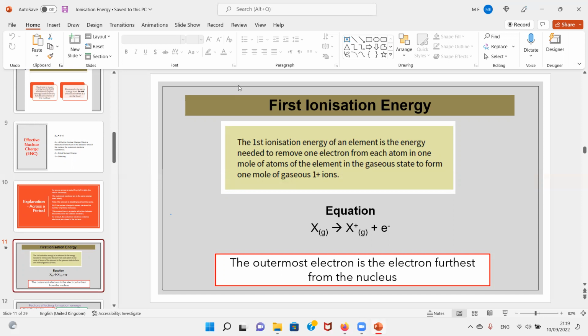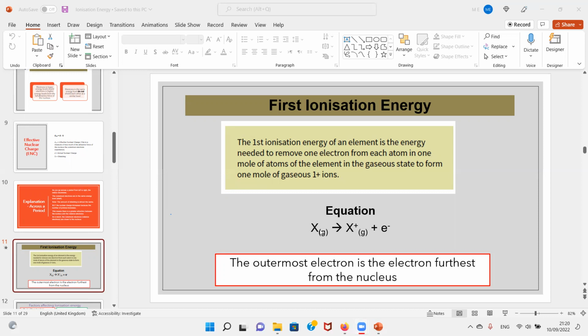Previously, at an early stage of your study, you used to read this equation as follows: I have 1 atom in the gaseous state, and this atom is converted to 1 positive ion and 1 electron. Okay, now let's agree to this.